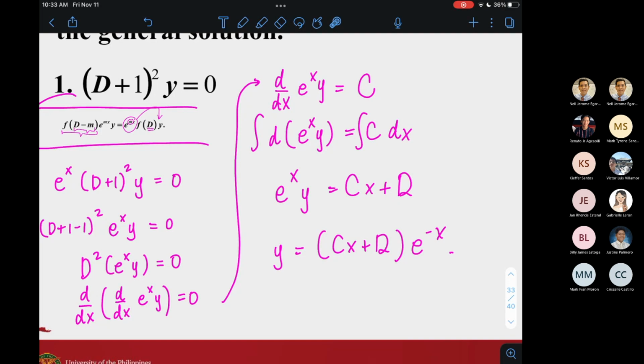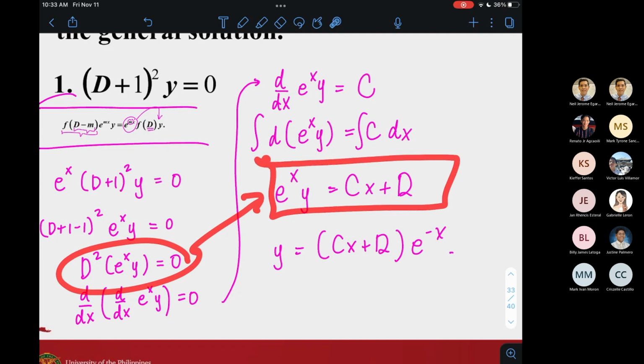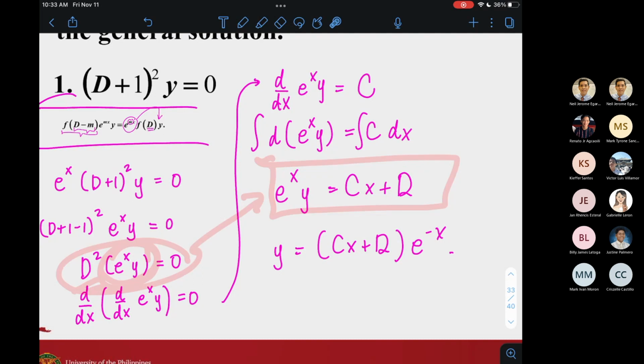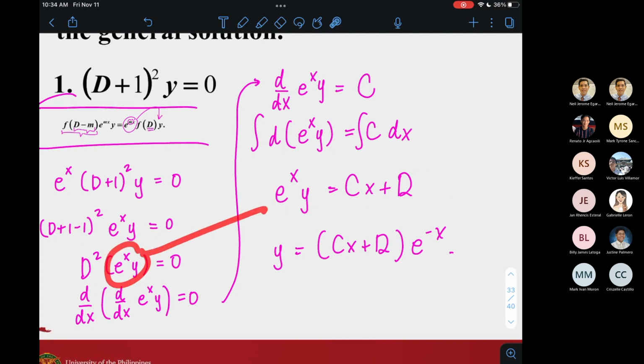Alright? So kaya mula rito, pwede kayong dumiretso na rito because that step is obvious. The second derivative of this mystery function is 0. That means the mystery function is a linear function. So pwedeng isulat nyo na kagad, cx plus d yan. And then you multiply both sides by e to the negative x just to isolate y on the left side. So you will get the general solution. Okay?